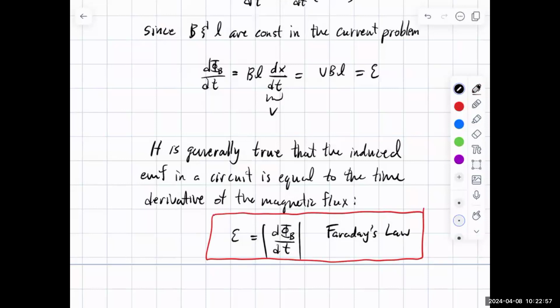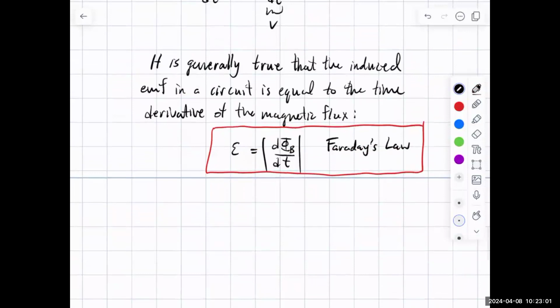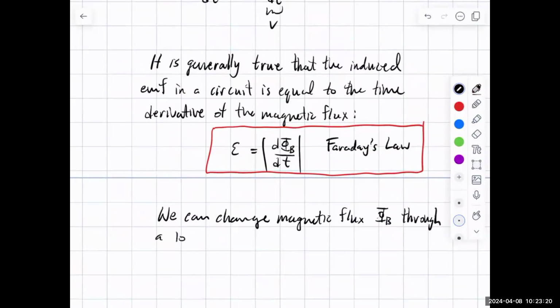What I want to think about is all of the different ways that we can change the magnetic flux, which I'll label phi B, through a loop. And I'm going to claim 3 different ways.